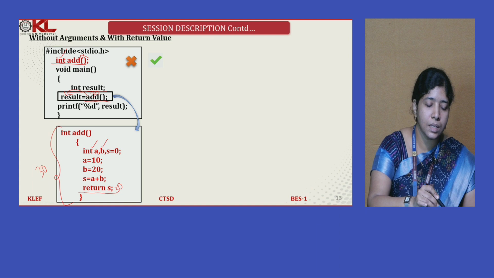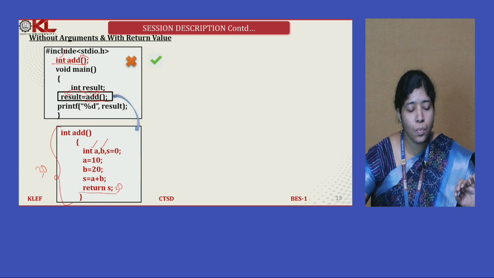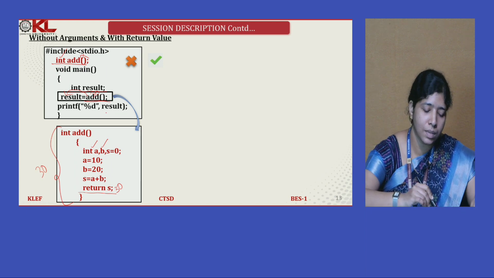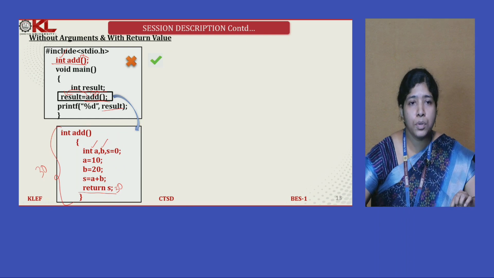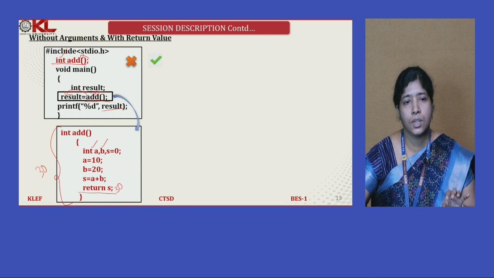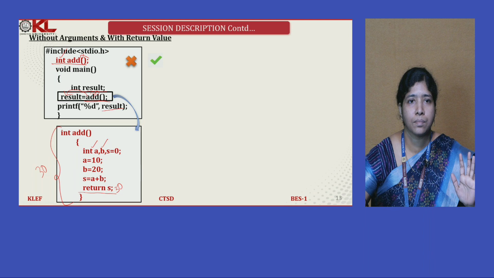Now this 30 is stored in result, and we are printing the value in result. So I am not providing any inputs here. That is done in the user function only, which does the process, and we return the value to the main function. Okay, this is the third category.